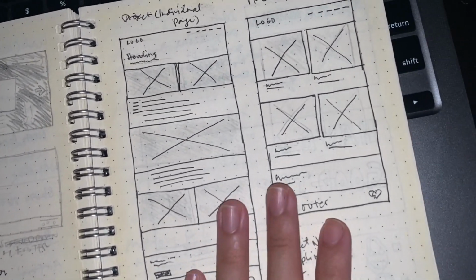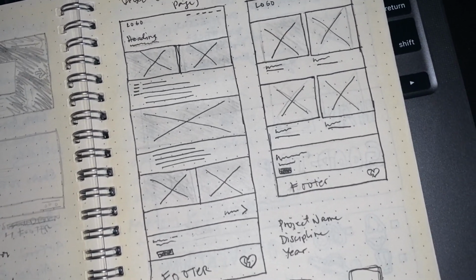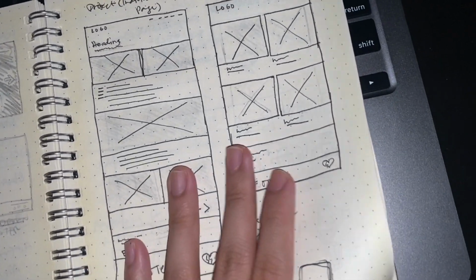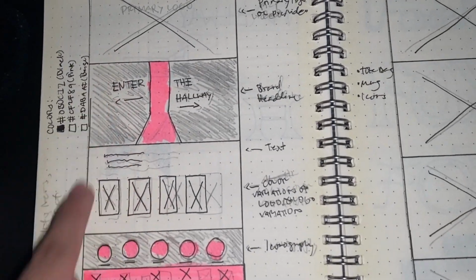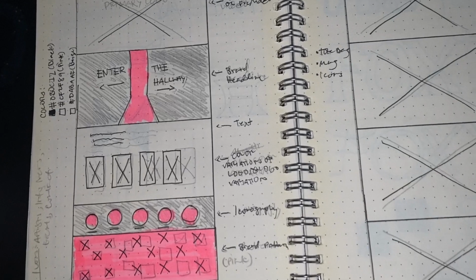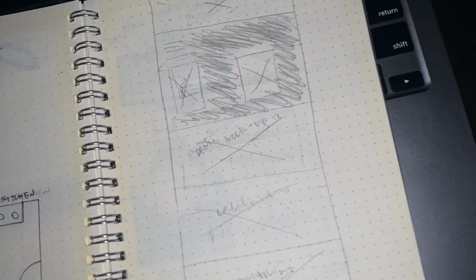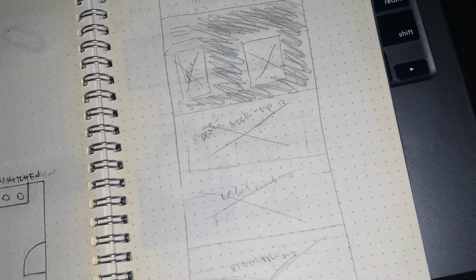I don't always follow them, but it helps me picture the exact experience that I want to give visually. This is supposed to be for Hallway Records. Some of these elements were not used in the case study. You can do this as well so that you don't waste your time.